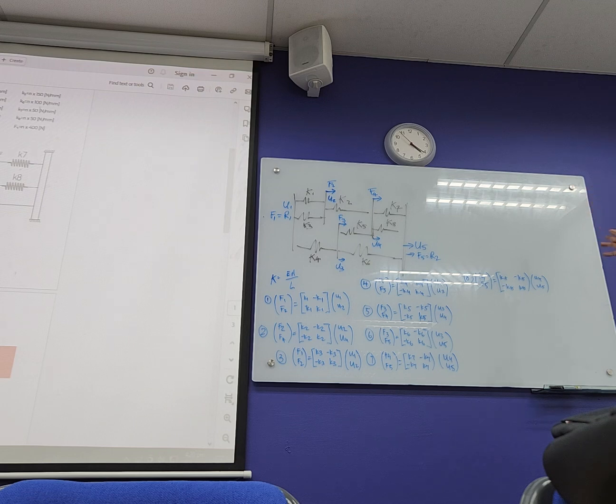Can someone do up the stiffness matrix here?